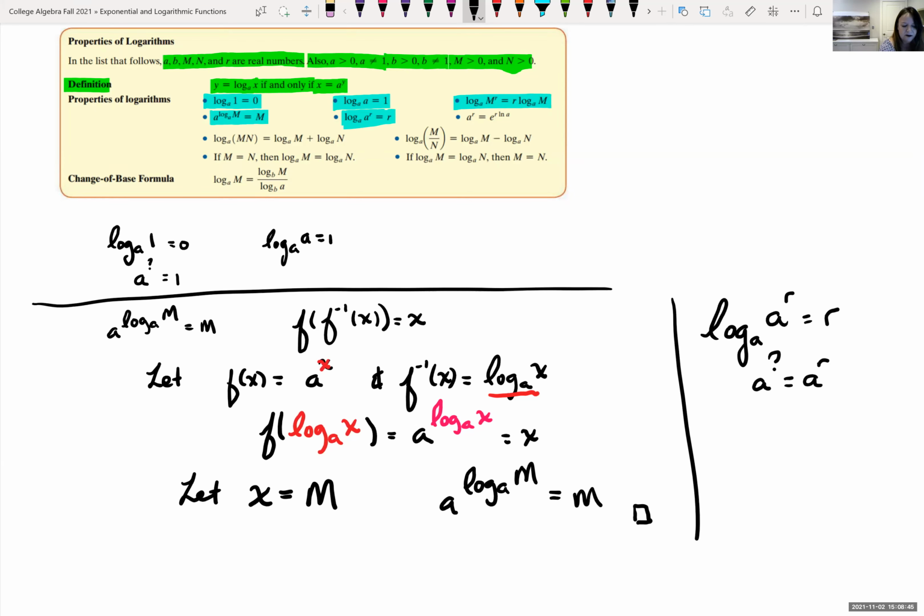Well, this has to be r. And a to the r is the same thing as e raised to the r times the natural log of a.